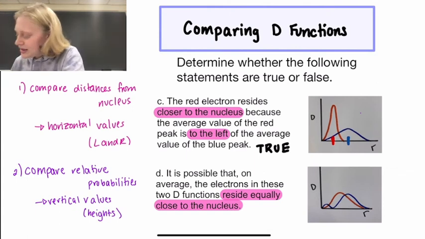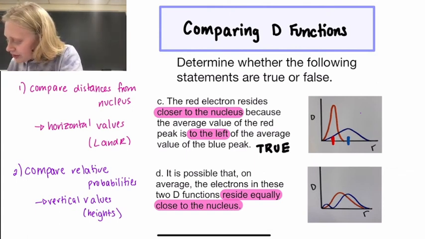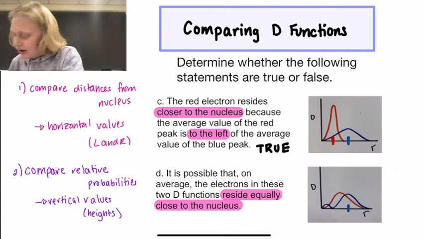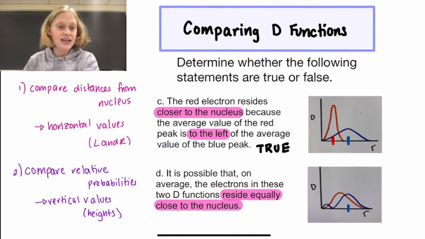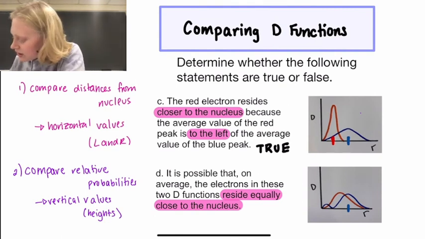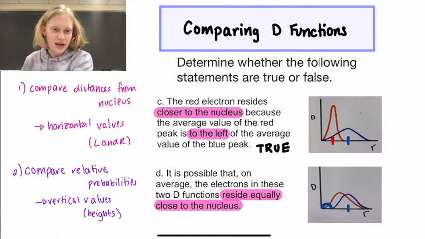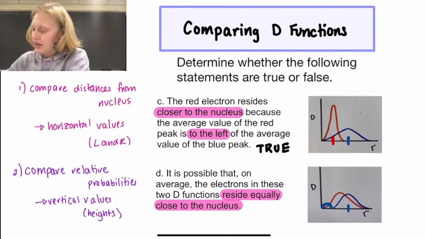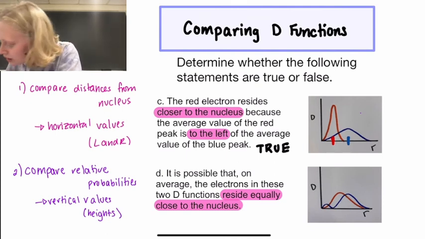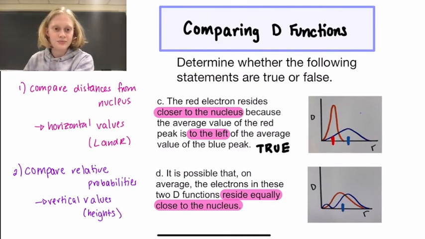You might be tempted to put the average value of the blue function right here under the highest point. But you have to take note of this little blue area over here. Because we have that area over there, it's going to shift the average value of the blue function to the left. So it will be somewhere around there.